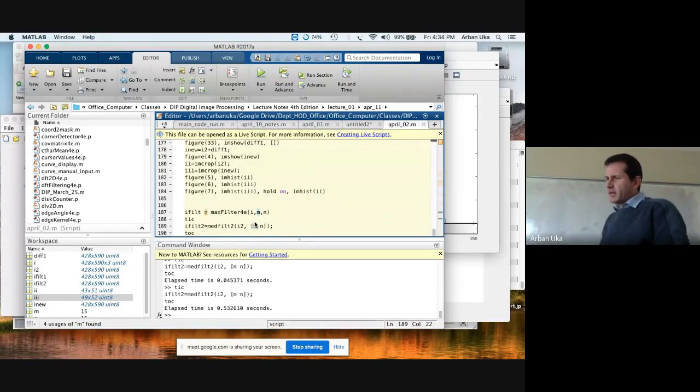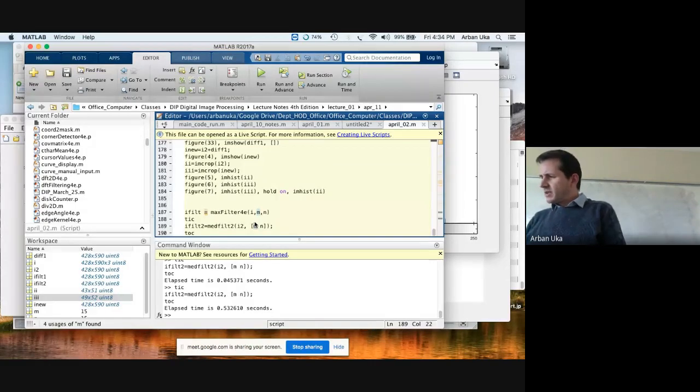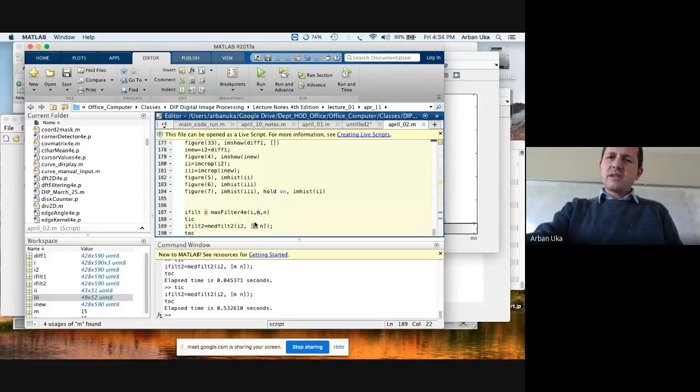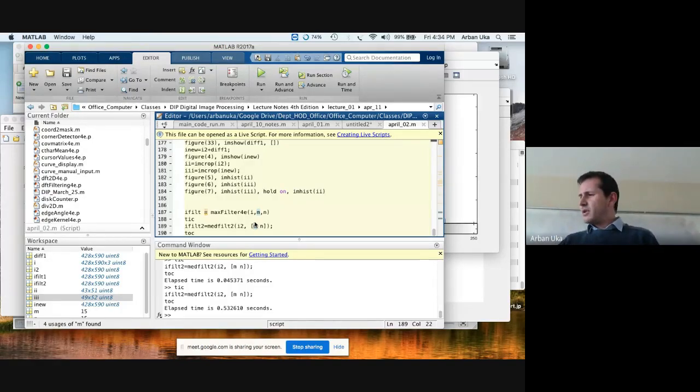Probably I can do this the last time. It's a really important exercise, or I can solve this one and send it to you on LMS or on Google Classroom.